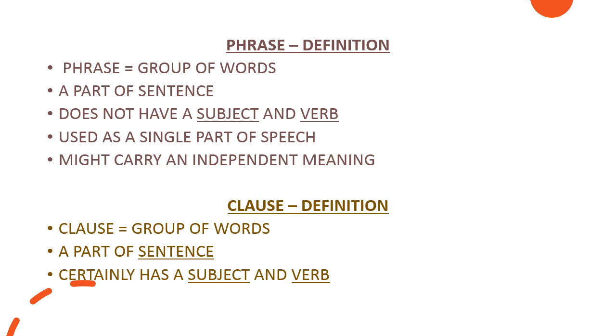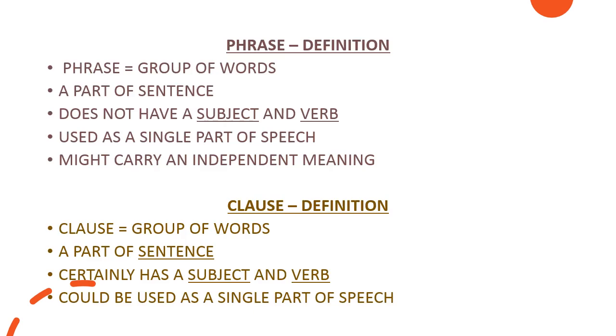Children, remember that a phrase doesn't have a subject and a verb, whereas a clause has both subject and verb. They both, clause basically has both, right? Moving next, could be used as a single part of speech.